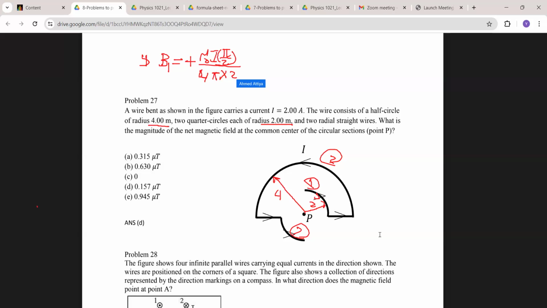This is B1. This arc 3 is the same as B1 but outside, so it's negative. Exactly.